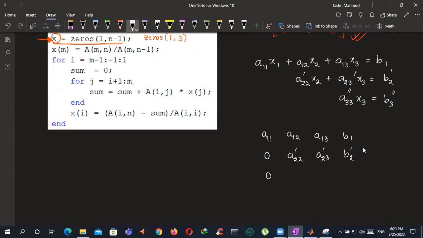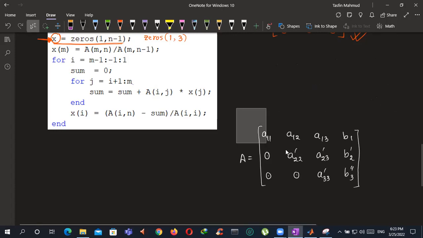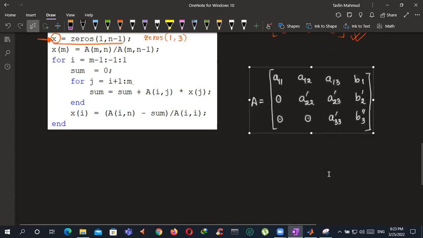Then we have a 0 here, another 0 here, and we have A33 double prime and B3 double prime. I'm writing it here because it will be easier for me to explain the code. This is the augmented matrix we have now, after performing the forward elimination.